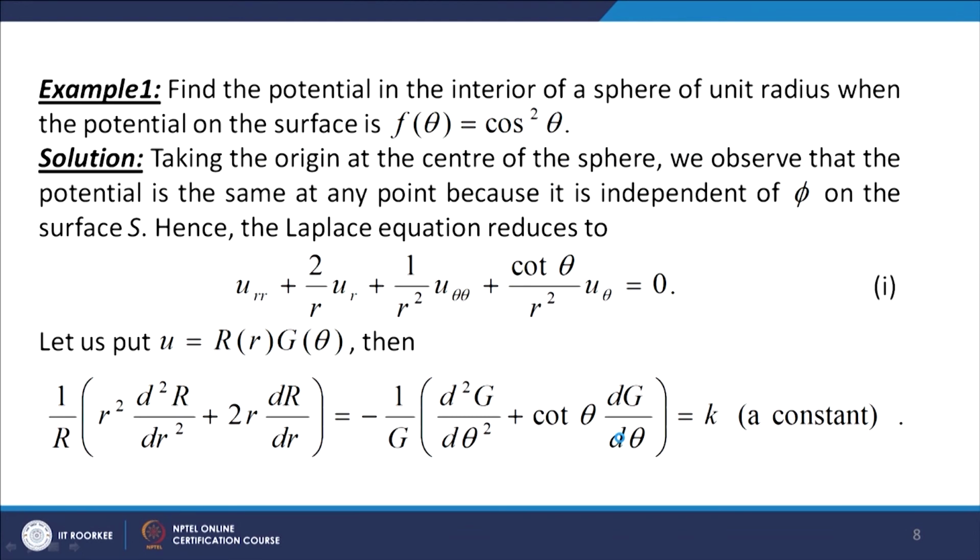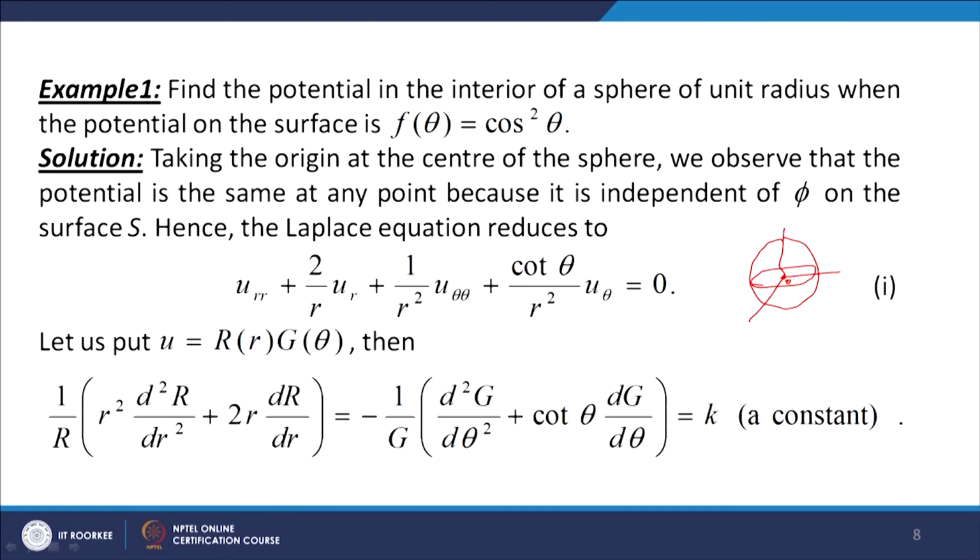Find the potential in the interior of a sphere of unit radius when the potential on the surface is cos square theta. Let us take the center of the sphere as the origin.